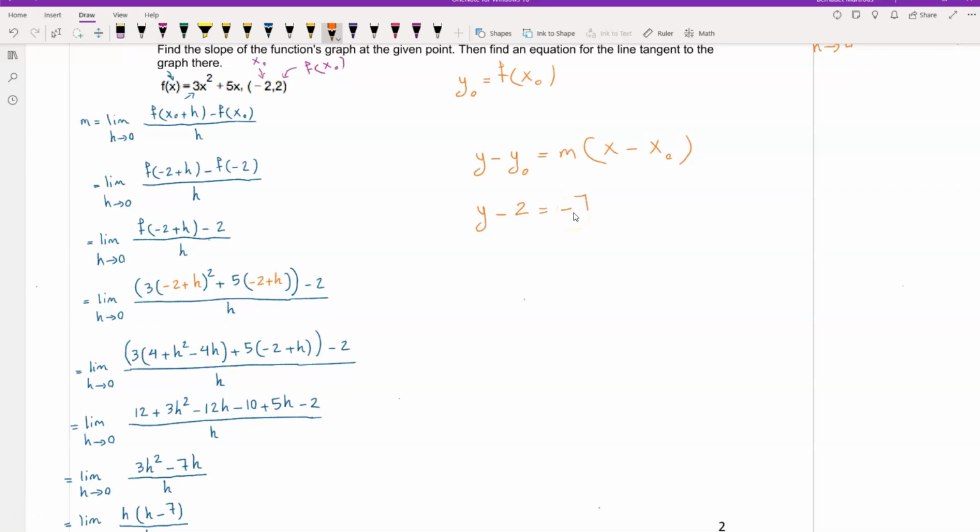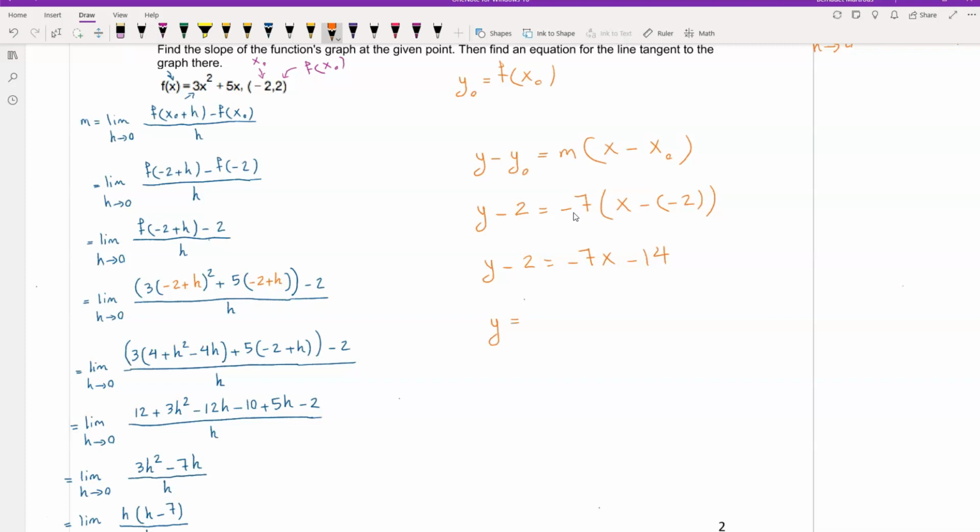Our slope is negative 7 times x minus x naught is negative 2. Now here, multiply negative 7, so it's negative 7 times x, negative 7 times positive 2, because here we have negative times negative 2, that is positive 2. So it's negative 14.